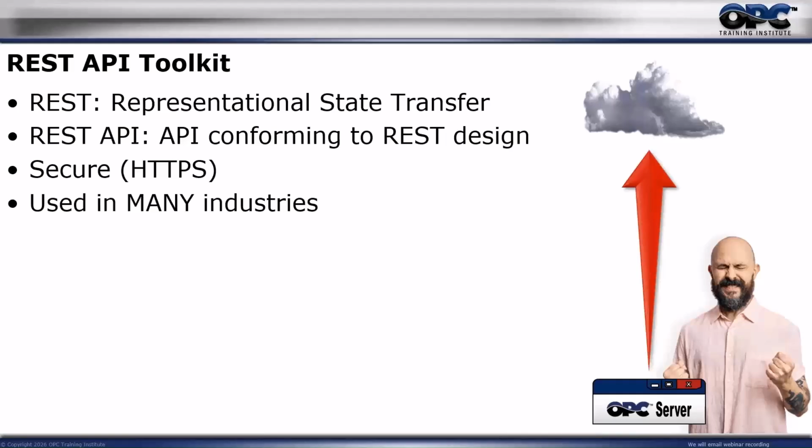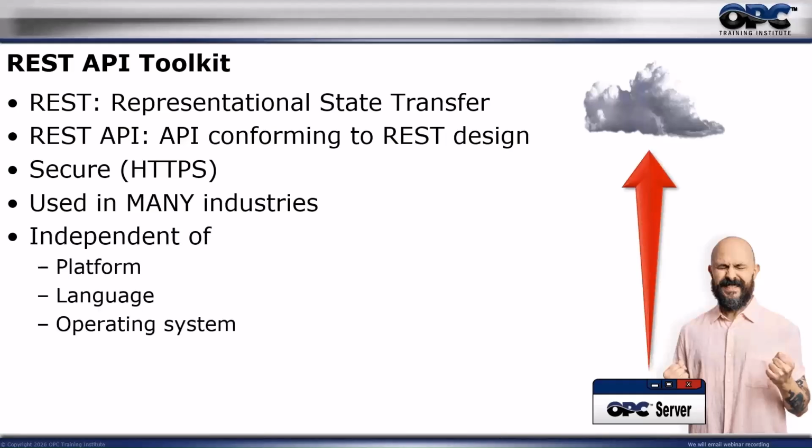I'm not necessarily talking about OPC here. I'm just talking about REST for all sorts of web traffic. It's used all over the place. Why? Because it's reliable and it's secure and it's relatively simple. That's the reason people use it in industry, in commercial applications, home applications. They consistently use REST API.